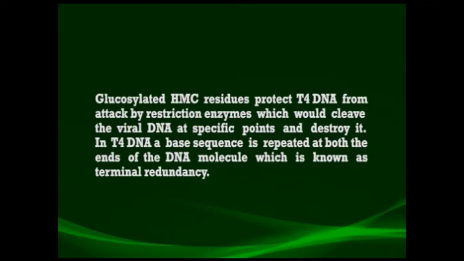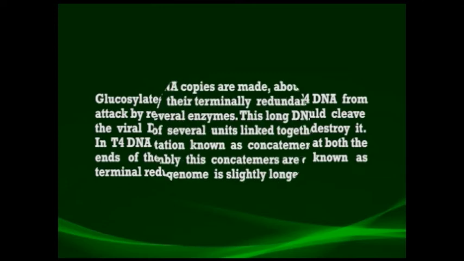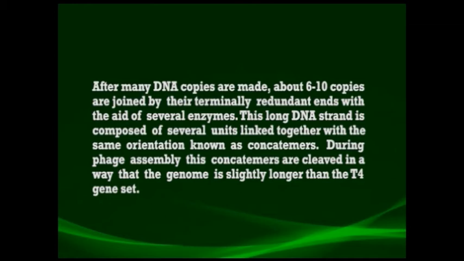In T4 DNA, a base sequence is repeated at both ends of the DNA molecule, which is known as terminal redundancy. After many DNA copies are made, about 6 to 10 copies are joined by their terminally redundant ends with the aid of several enzymes.